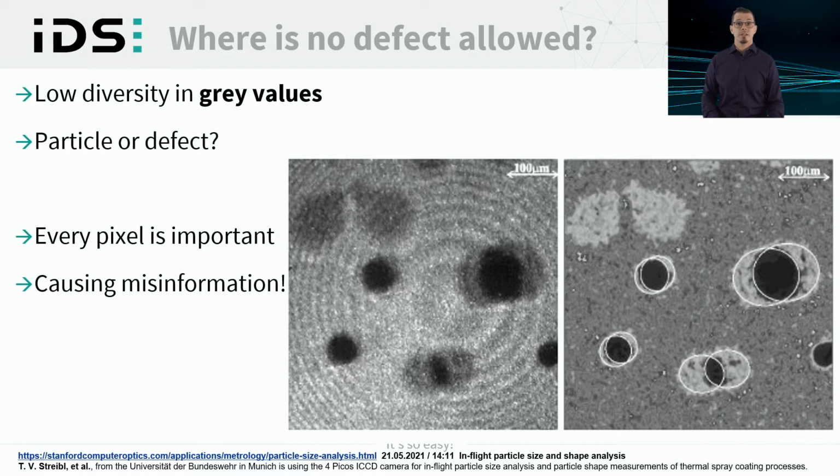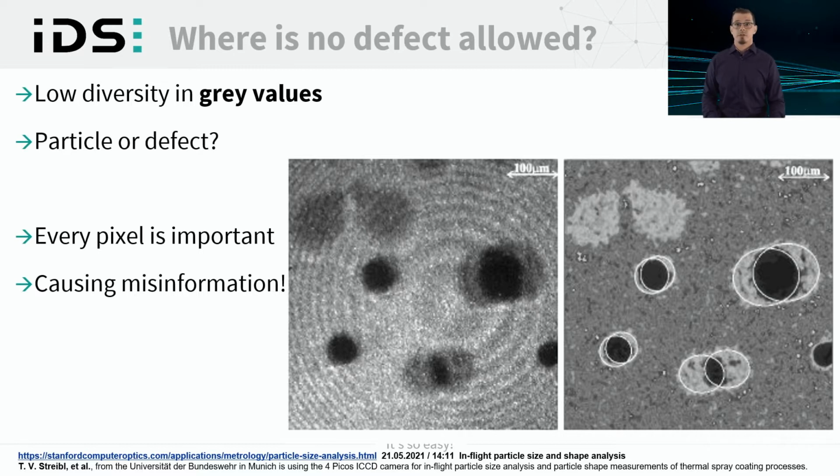Applications where the complete image is needed for an analysis, as in particle analysis or glass inspection, are also critical. Here the software or employee detects a particle or structure which isn't there by mistake. So incorrect information will be created and you get different results between machine A with a good or clean image and machine B with a dirty image.